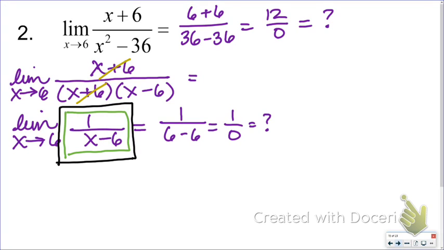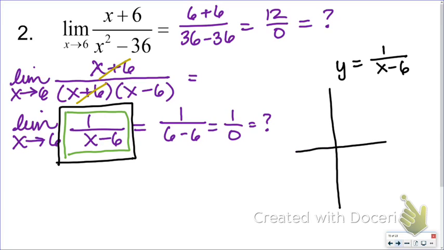Okay, so I am drawing a picture of y equals 1 over x minus 6. That's a simple rational function with a vertical asymptote at x is 6, and a horizontal asymptote at y is 0.